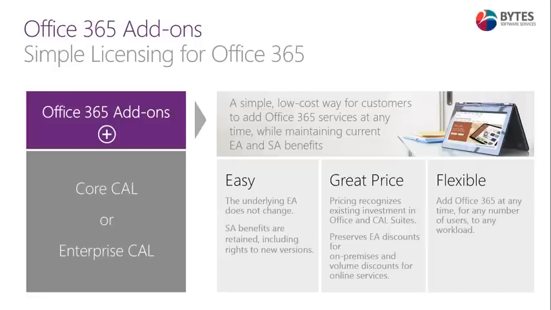Now, Microsoft have heavily discounted these Office 365 add-ons to take into account that you've already invested in the Core CAL or Enterprise CAL and the Office Pro Plus client. So for very little money, you can now add on Office 365 to your agreements.